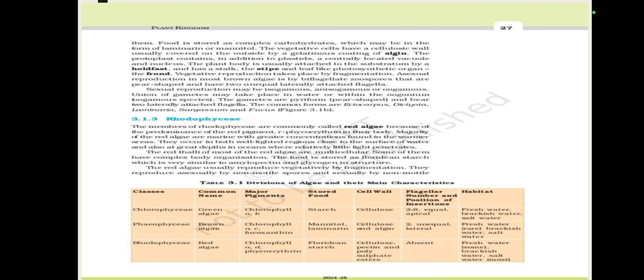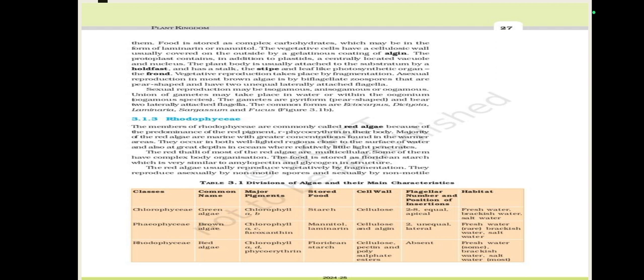The protoplast contains, in addition to plastids, a centrally located vacuole and nucleus. The plant body is usually attached to the substratum by a holdfast, and has a stalk, the stipe, and a leaf-like photosynthetic organ, the frond.